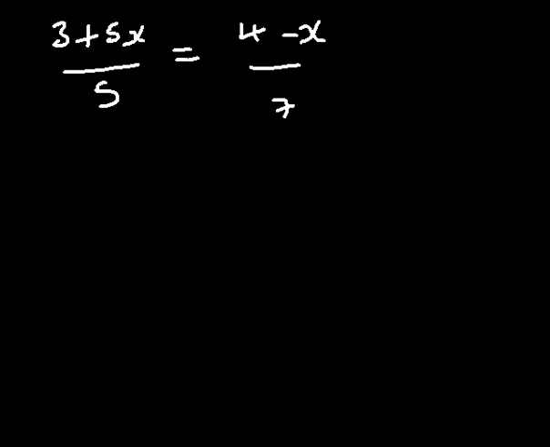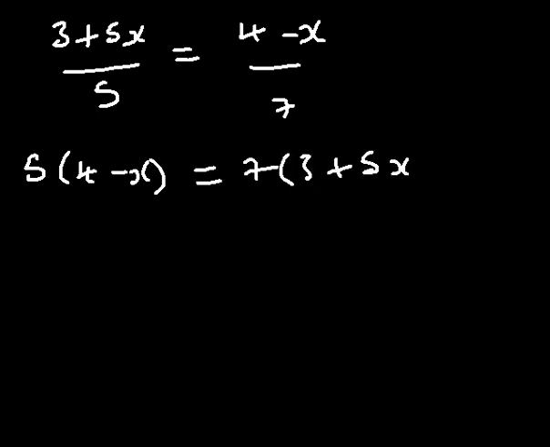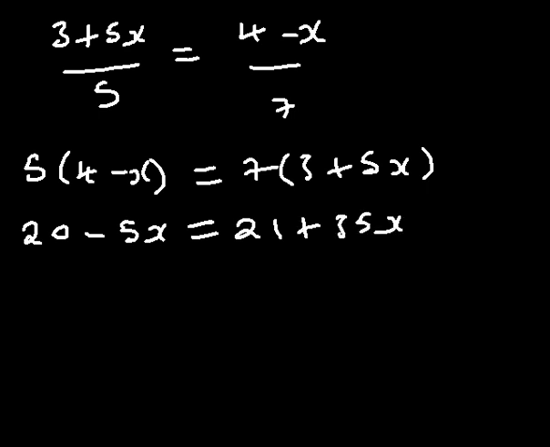Let's think of using cross multiplication. We have 5 times 4 minus x, which is equal to 7 times 3 plus 5x. That is 20 minus 5x, which is equal to 21 plus 35x. Then take it from there. How should you solve for x?